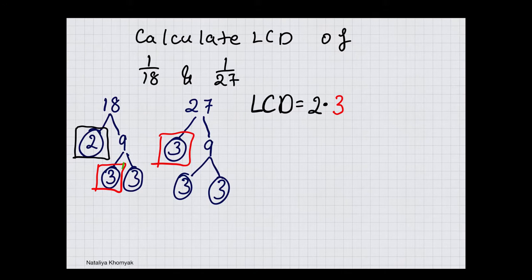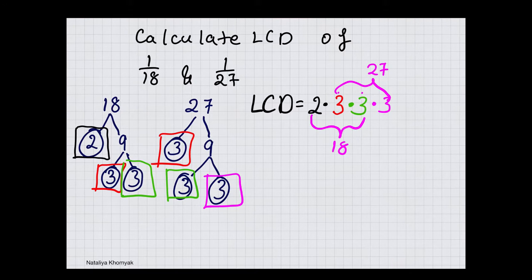To make 18, we need another 3, so we have times another 3. Right now, if you look at the LCD, you have 2 times 3 times 3, and this will make 18. To make 27, you need a 3, another 3, and this extra 3 that had no matching pair.